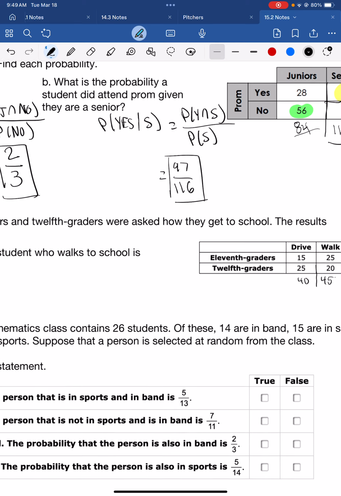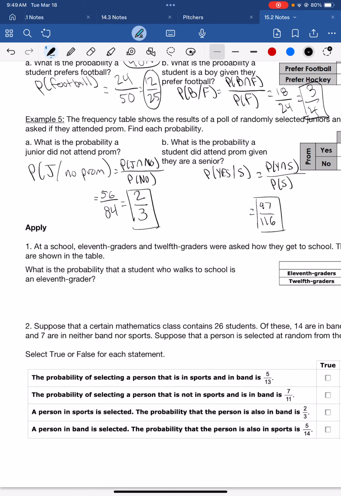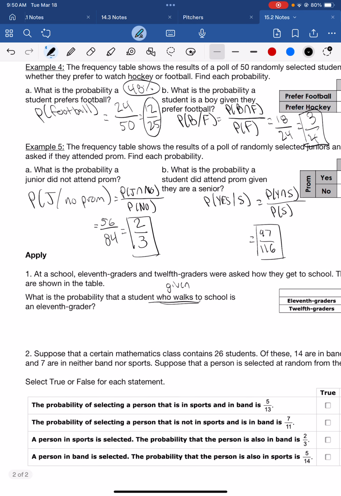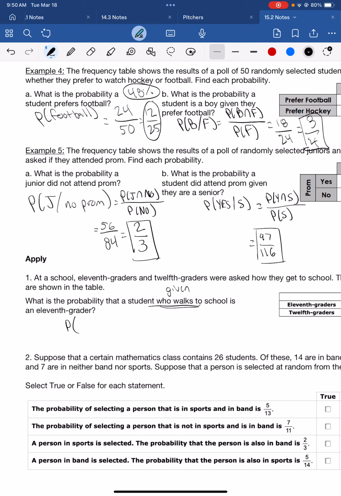It says the probability that a student who walks is an 11th grader. So we know that they walk. This is going to be our given. We're looking for the probability that they're in 11th grade given that they walk. The way that you do this is the probability of 11th and walk over the probability that they walk.